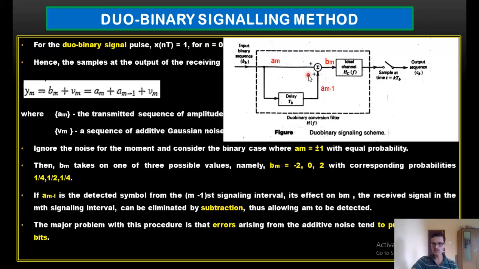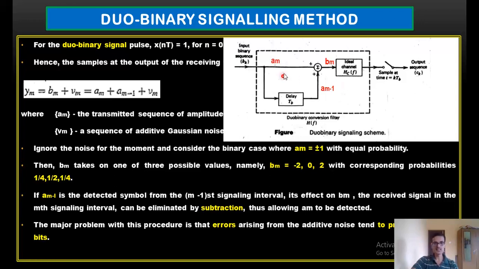By combining two symbols together, we transmit the signal to the receiver. This ISI is introduced in a controlled manner between the present symbol and the previous symbol. In the presence of that controlled ISI, how we can detect it, we have to understand with the example which I will explain in the next slide.